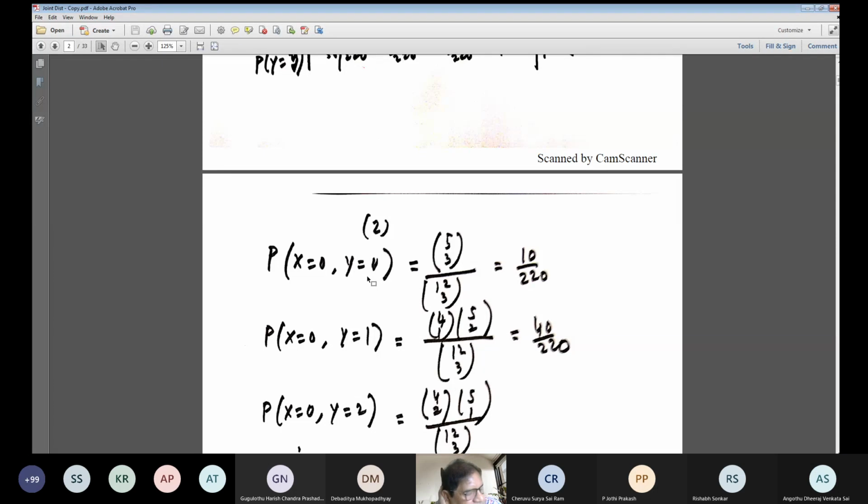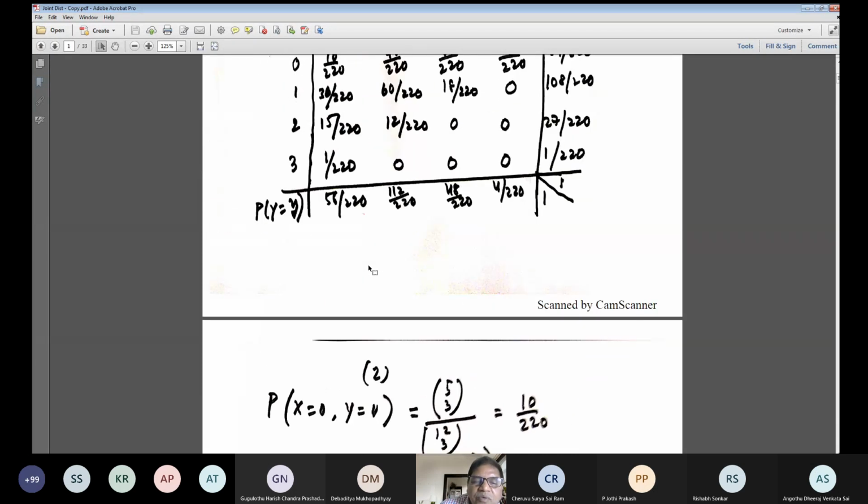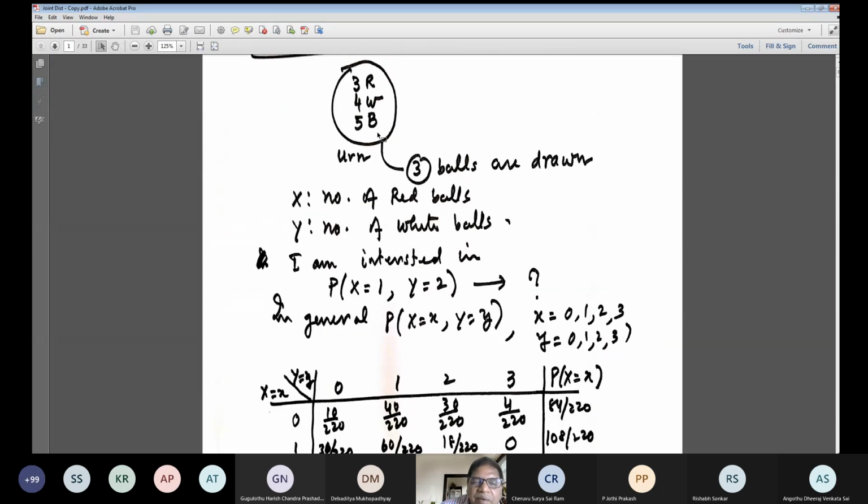What does X0, Y0 indicate? It means when you have drawn a sample of size 3, the number of red balls and the number of white balls are both 0. It means, what is the probability of this? When both colors are absent, certainly all three balls would have come from the black.